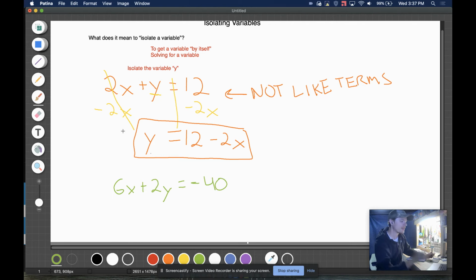And again, they want you to isolate the y variable. So how would I do that? Well, it's going to be the same exact process. We are going to isolate this y, meaning I need to get this y by itself.